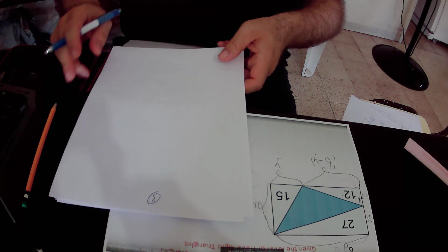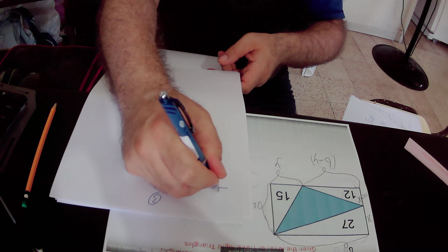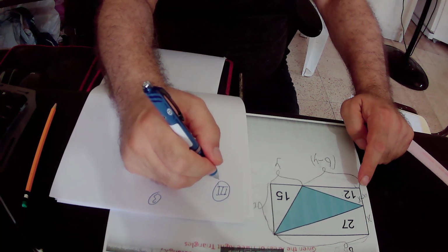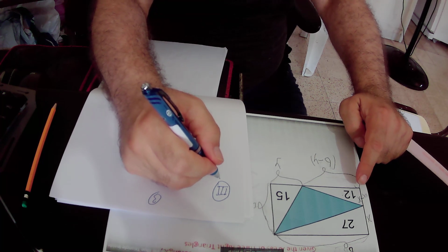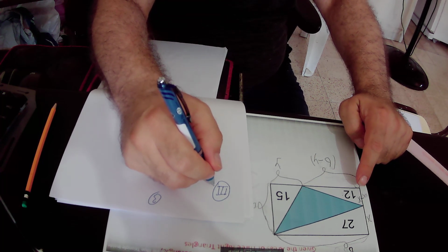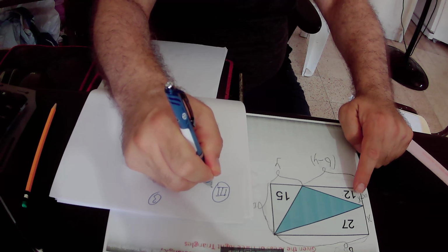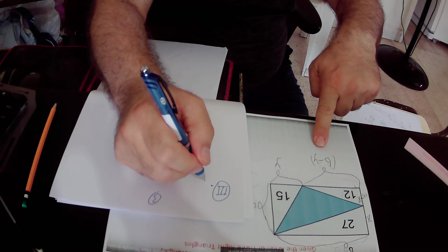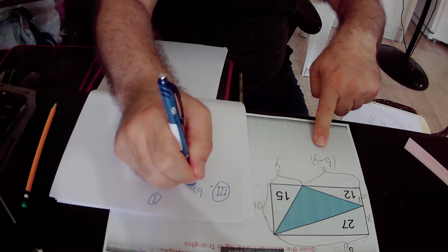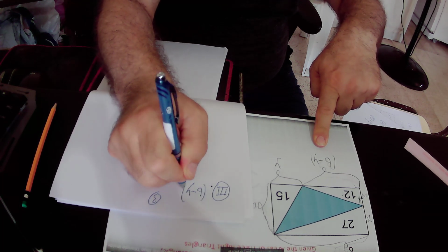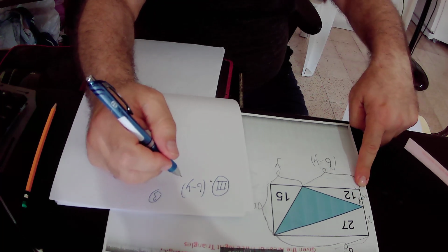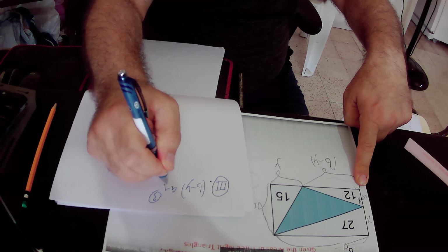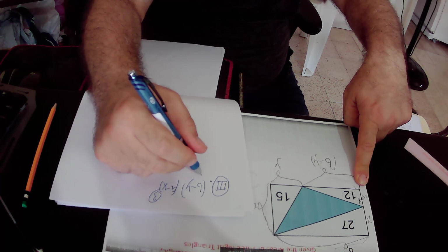The formula for the area of this triangle will be its base, that equals b minus y, times its height, that equals a minus x, all divided by 2.